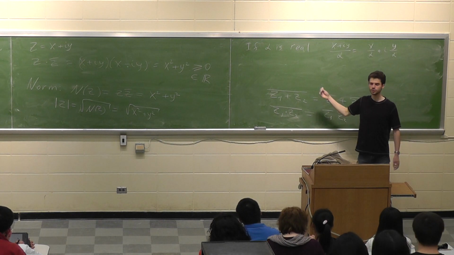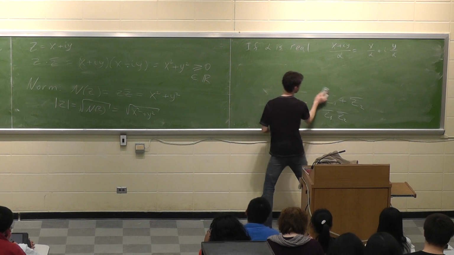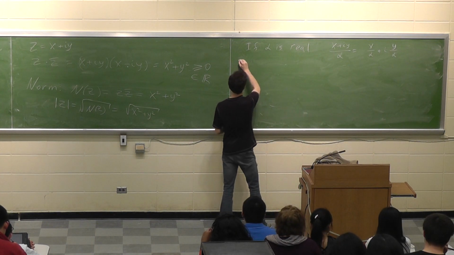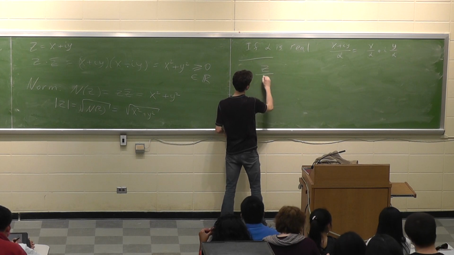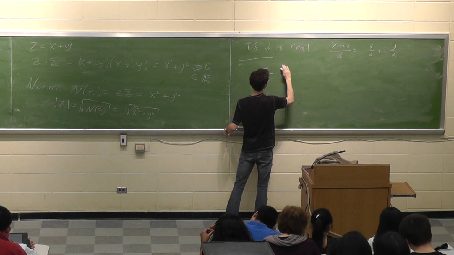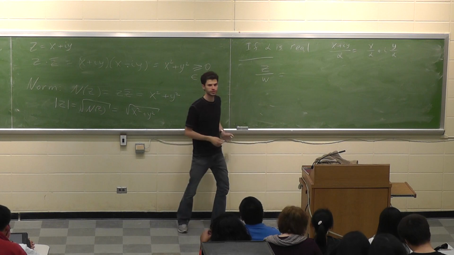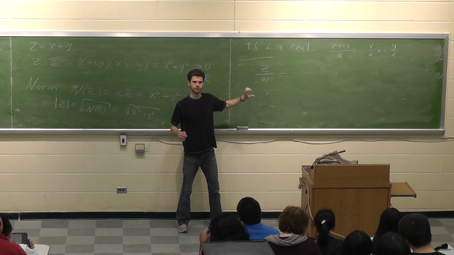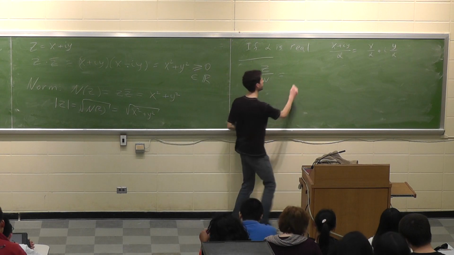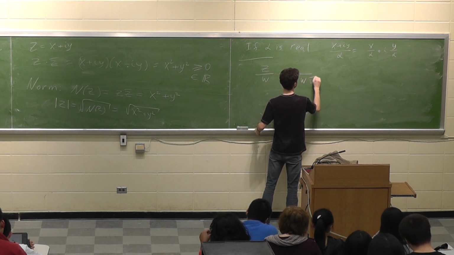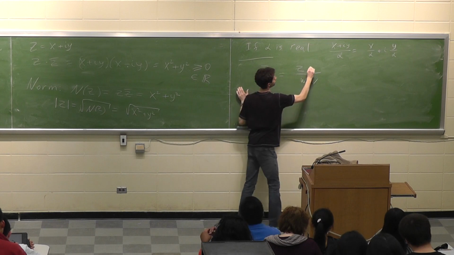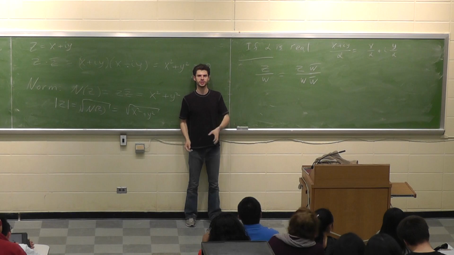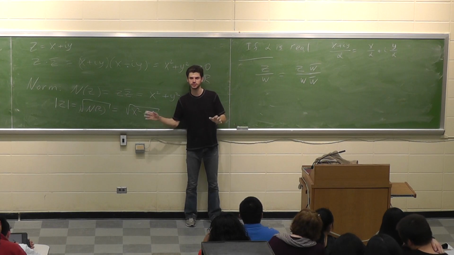But if you want to divide by a complex number, well, there is a trick. If you have z and you want to divide it by w, here's the trick. You multiply both numerator and denominator by the conjugate of w. A priori it's not obvious that this number is a complex number. It's not written as something plus i times something else.